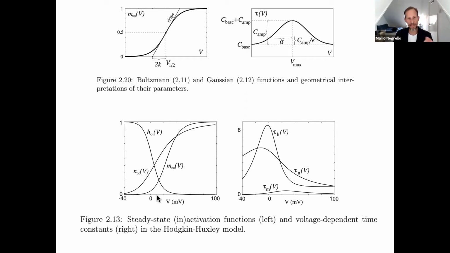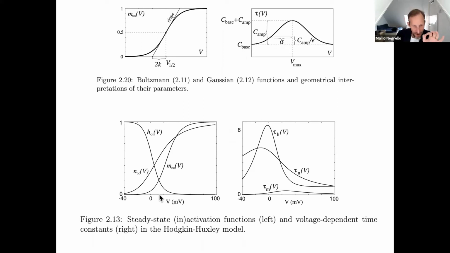So notice that these activation variables here are the shifted potentials from Hodgkin Huxley, minus 65 millivolts they've added to the resting membrane potential because it made their analysis easier. But you have to remember that the actual resting potential is these values minus 65 millivolts.